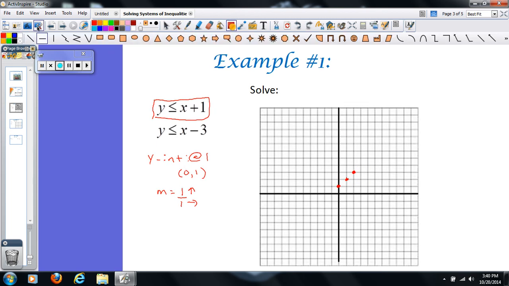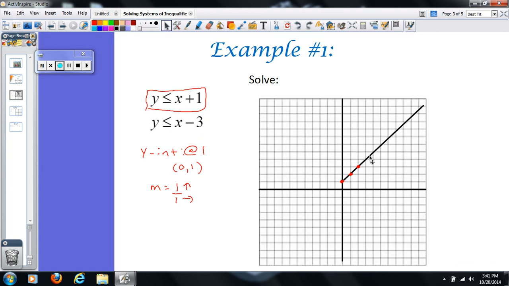And now we're going to graph our line, and we're going to extend it all the way down. Now since this is less than or equal to, this is going to be a solid line. So I'm going to go ahead and put my arrowheads on here.